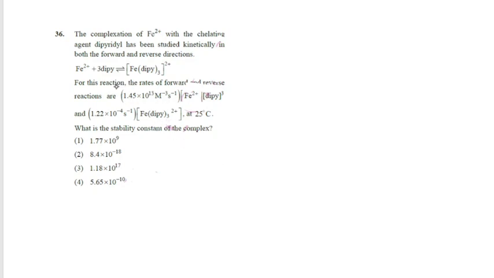And what they have given, see here, for this reaction, the rates of forward and reverse reactions. So at equilibrium, if we consider Rf is equal to Rb, Kf by Kb will give you the equilibrium constant, which is nothing but the stability constant for a complex.